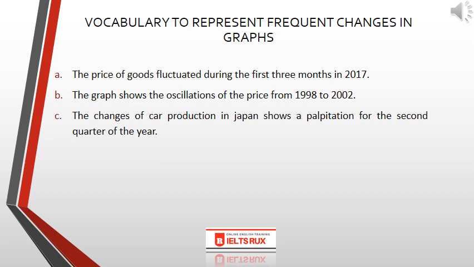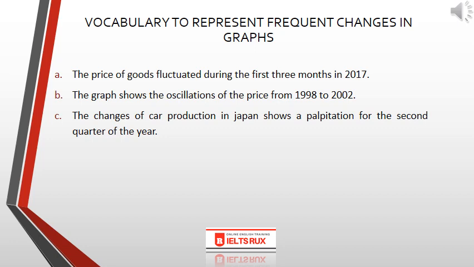Now here is vocabulary to represent frequent changes in graphs. The price of goods fluctuated during the first 3 months in 2017. So here the vocab used is fluctuated. The second one: the graph shows the oscillations of the price from 1998 to 2002. You are showing the difference by using the word oscillations.